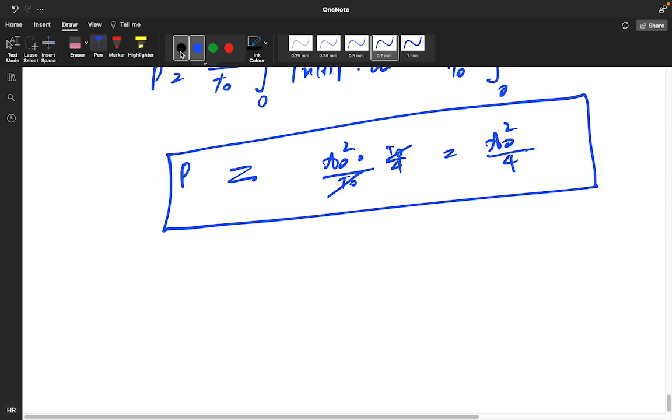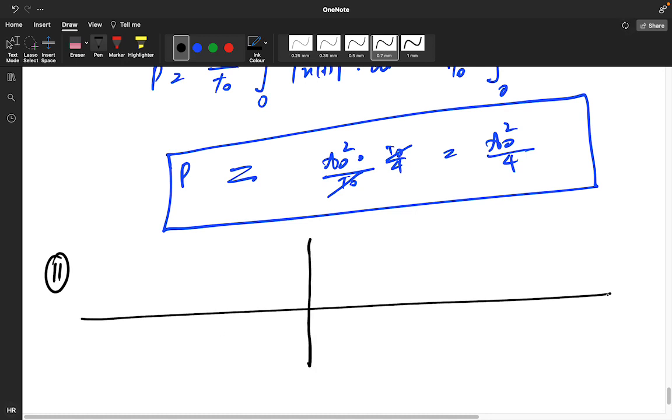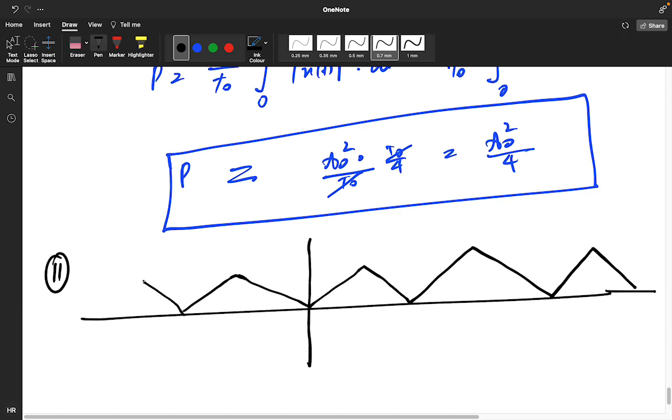Same. Second question. You have a curve like this. This is your x of t.